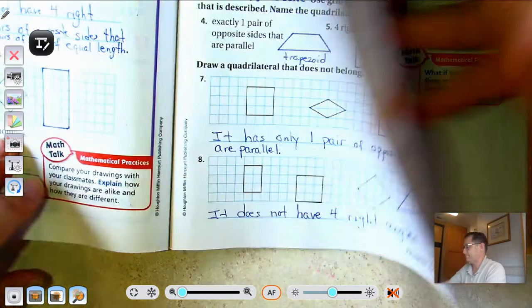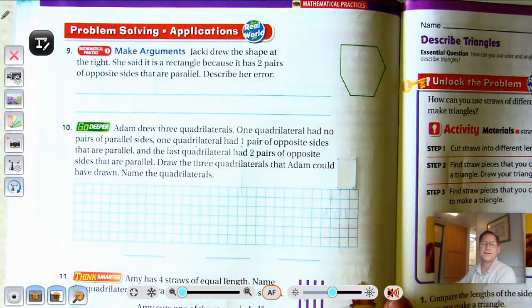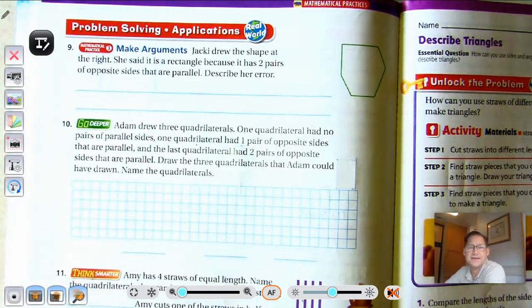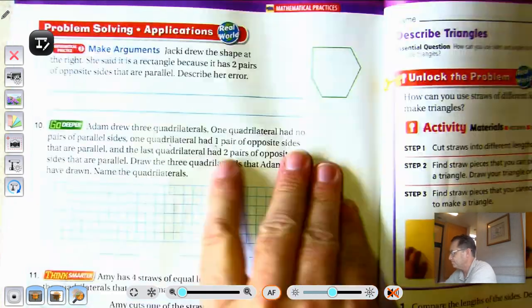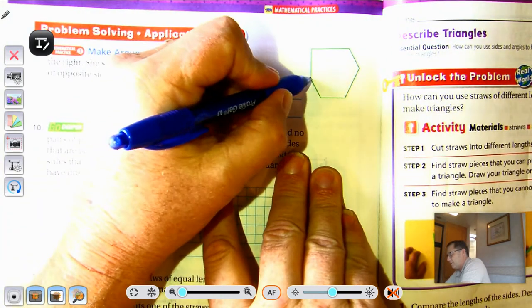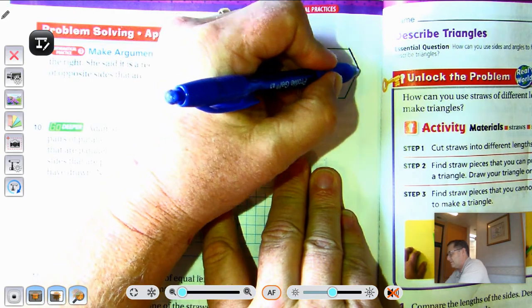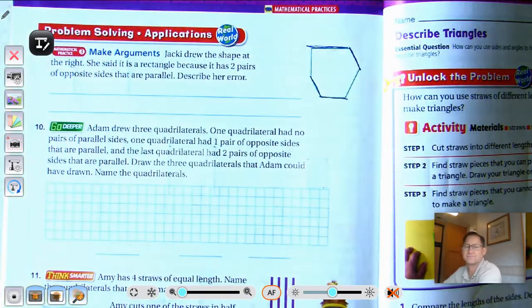Page 530, number 9. Jackie drew the shape at the right. She said it is a rectangle because it has two pairs of opposite sides that are parallel. Describe her error. Okay, I think I see where she's talking about with two pairs of parallel sides.